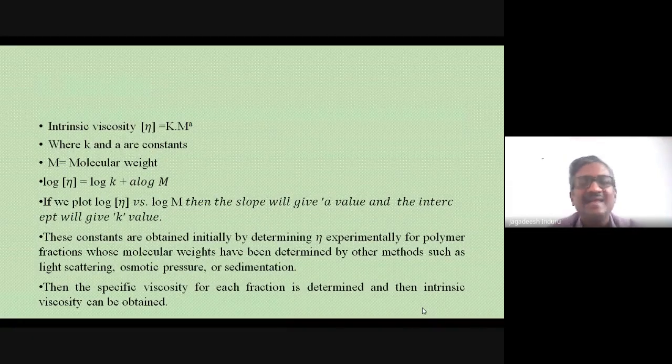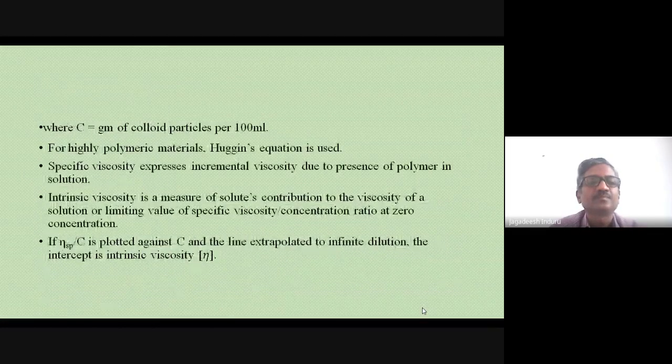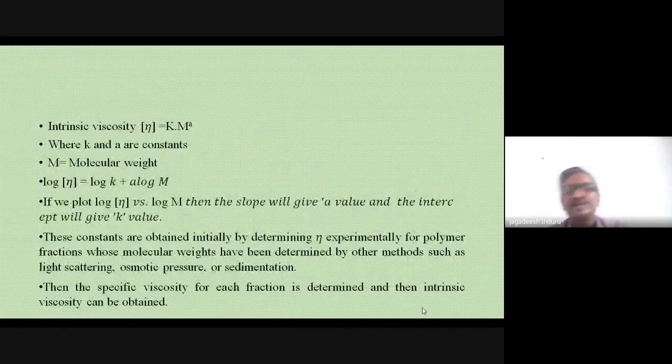Then you will get A and K. If you know them already, then you can determine M. If you don't know A and K, you determine M, put in the value, and find A and K. So determining one parameter is possible if the remaining parameters are known. This is in the equation you have already seen here: eta is equal to K into M to the power of A.